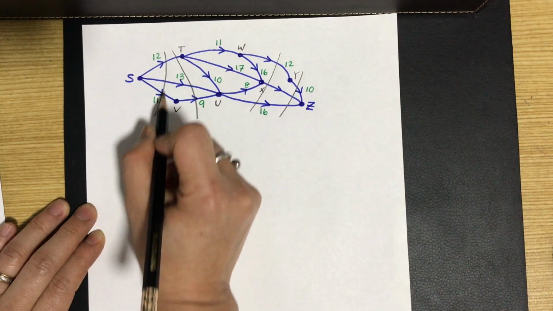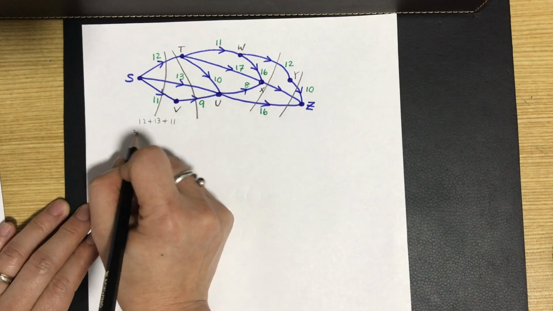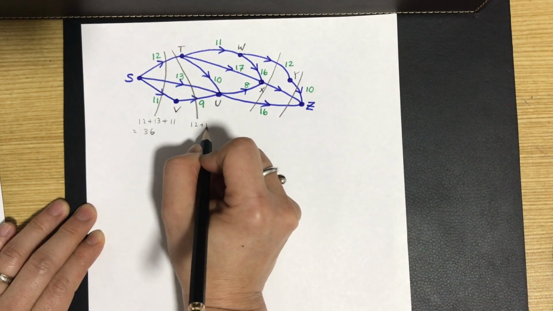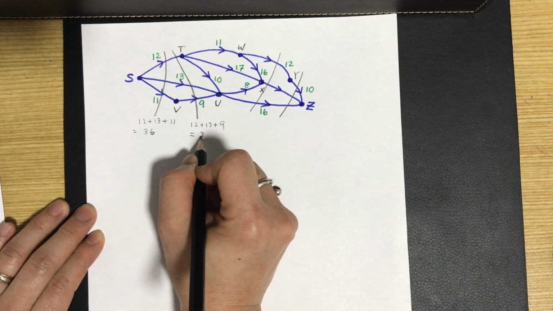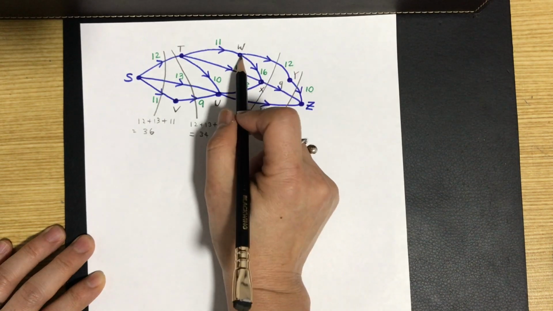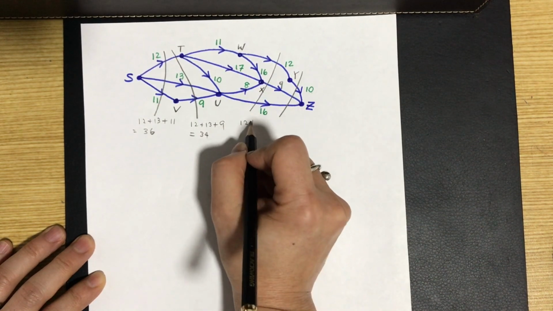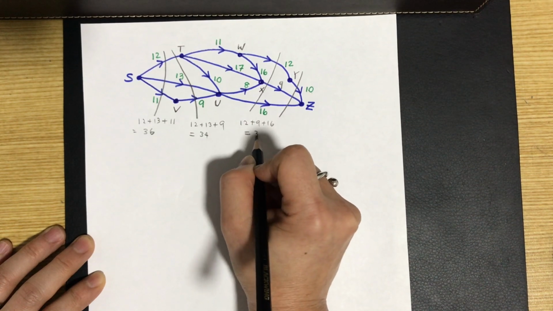So here I'm going to add 12 plus 13 plus 11. That will be 36. And here 12 plus 13 plus 9. When I add it together, it'll be 34. It's 9 there. So 12, that's a 16 here. So 12, 9 and 16. 12, 9 plus 16. That will be 37.